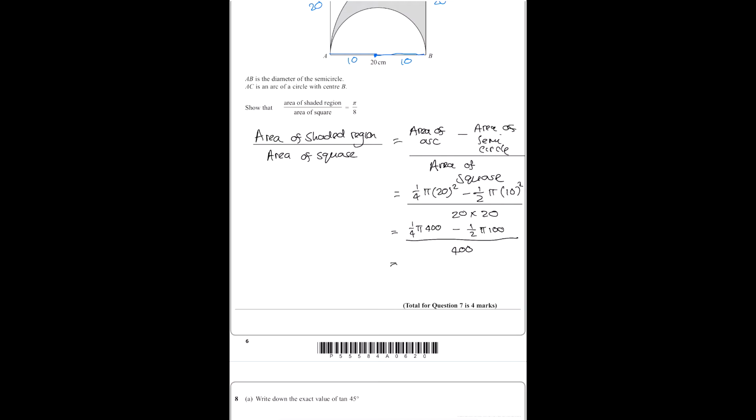So if we do this, we get 100 pi minus 50 pi, which just gives us 50 pi on the top over 400, and again cancel, and then 5 goes into 5 once, and it goes into 40 8 times. So we get pi over 8.